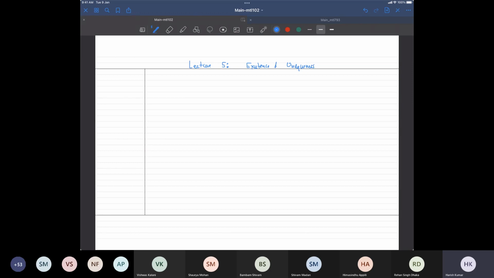In the last class, what we showed is that if we consider the problem x prime is equal to f of t comma x, and x at t naught is equal to x naught, and if f is continuous and Lipschitz, then there exists a neighborhood of the point t naught, x naught where a solution exists, and we did it via Picard's iteration, right?